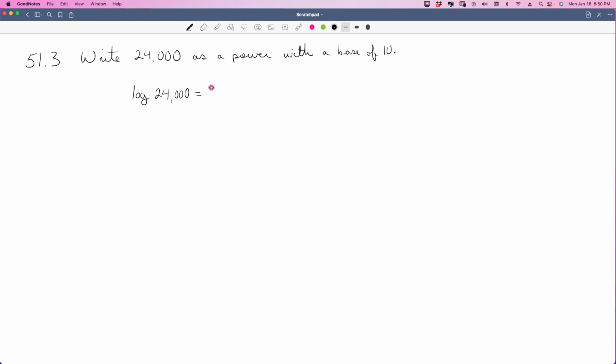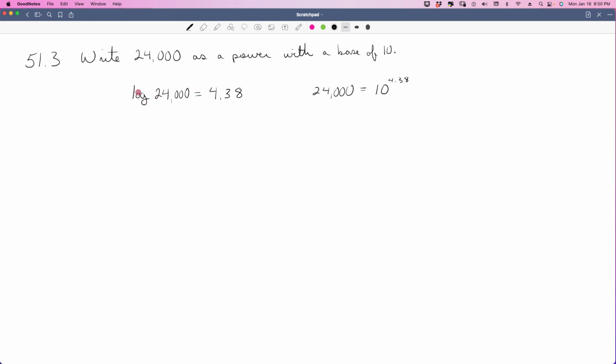So that would be 4.38. And we are going to write that as a power with a base of 10. So that's going to be 24,000 is equal to a base of 10 with 4.38 as the exponent. That's how we do those, okay?